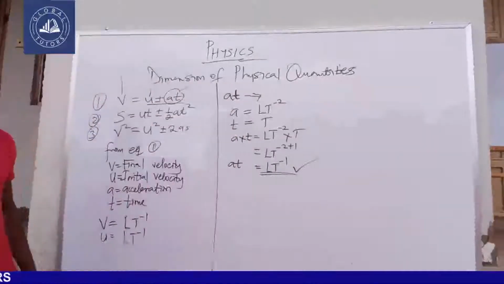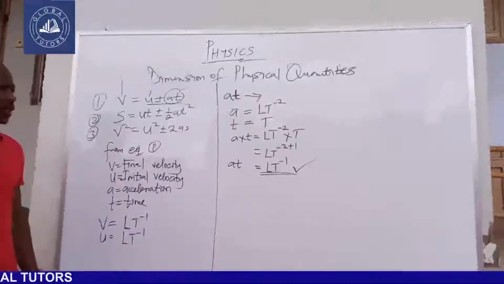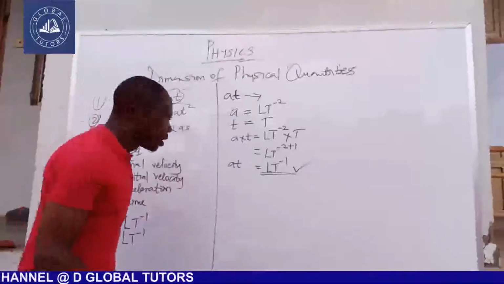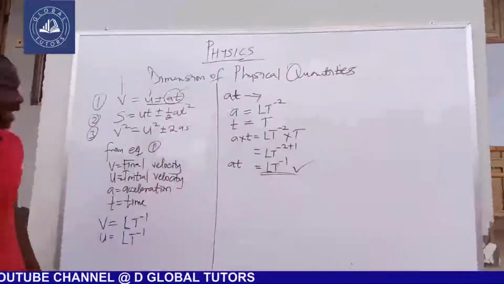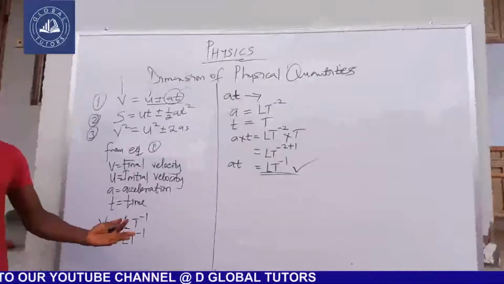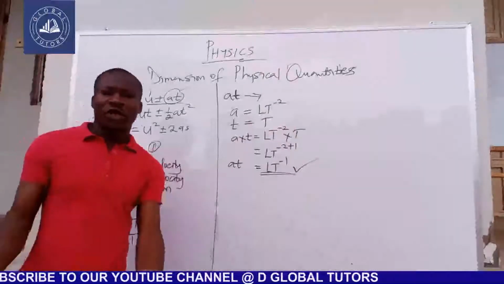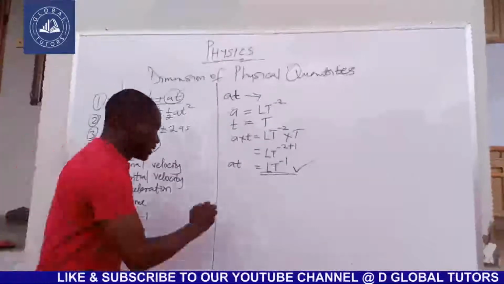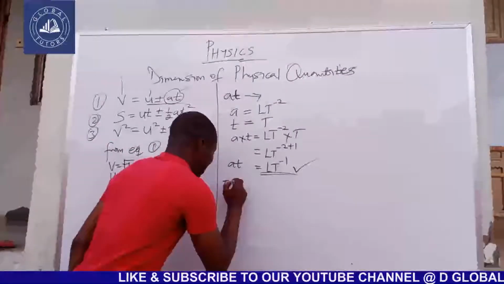Now, let's check the dimension of work done. Because in questions like JAMB, WAEC, NECO, they may ask which of the following options is the dimension of work done. Let's take it as a sample.